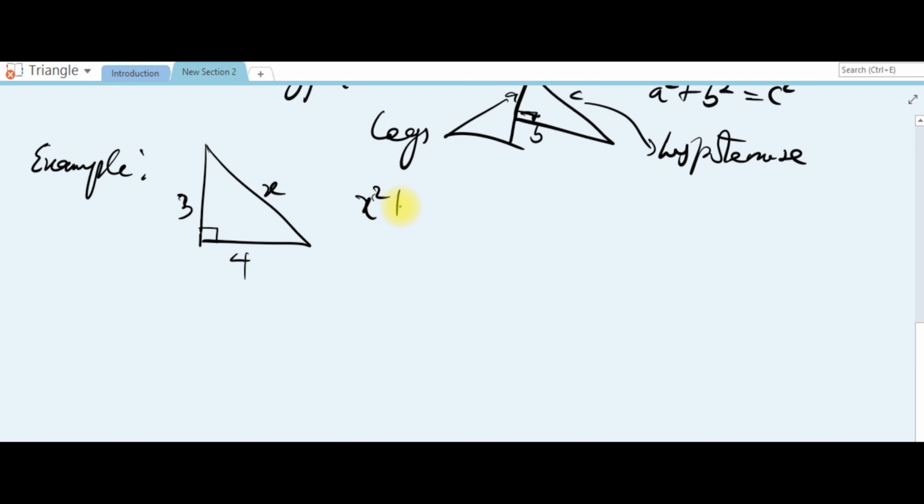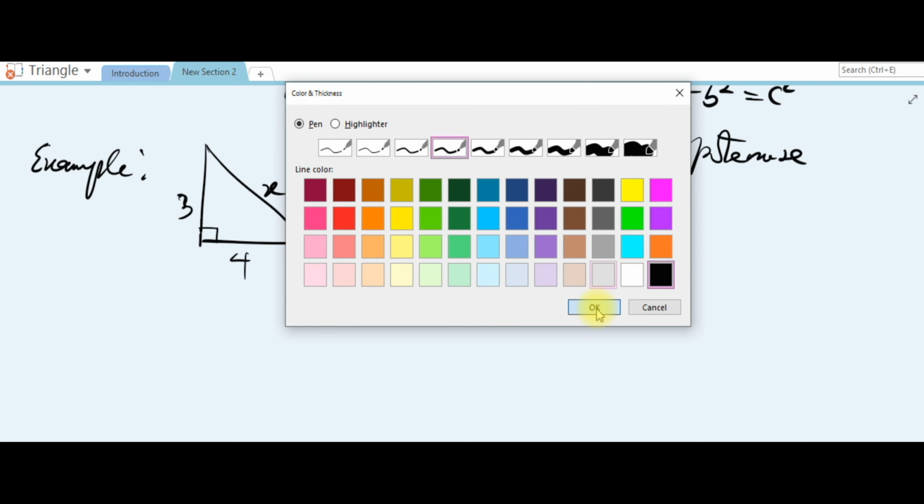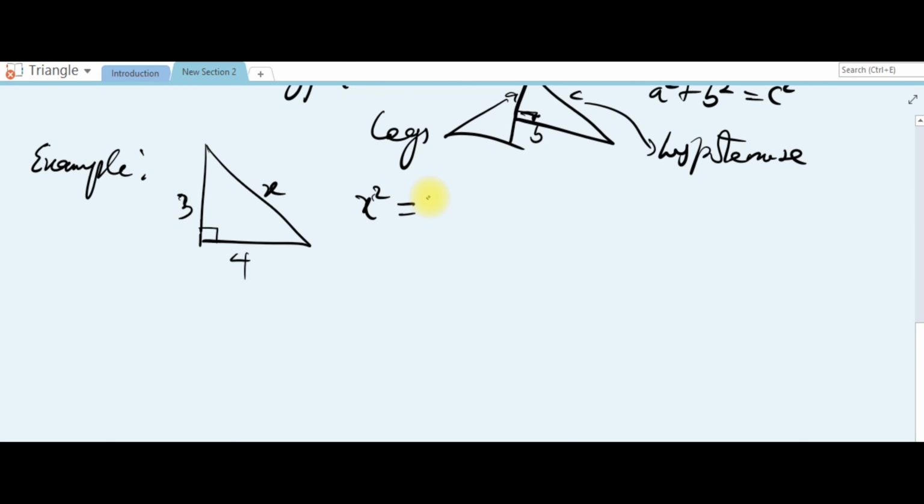So x squared must be equal to 3 squared plus 4 squared, which is 9 plus 16, which is 25. 25 is 5 squared, so x is 5. So that's what the theorem says.